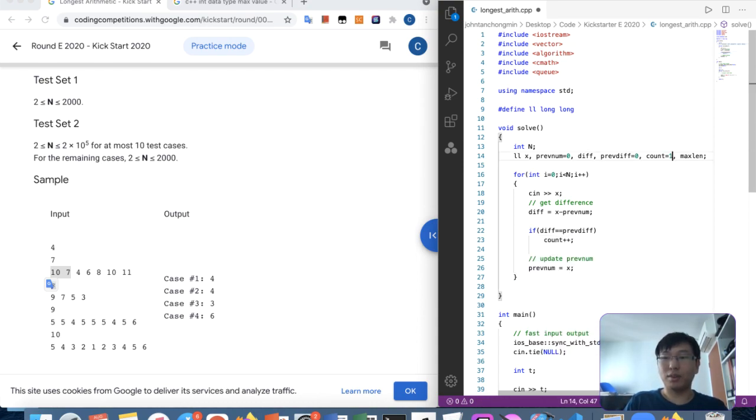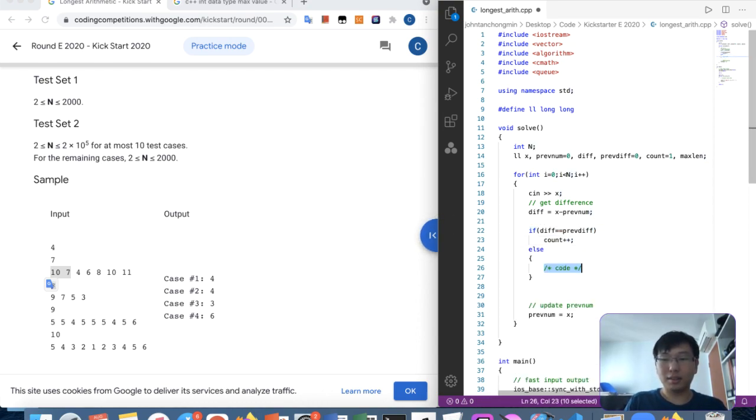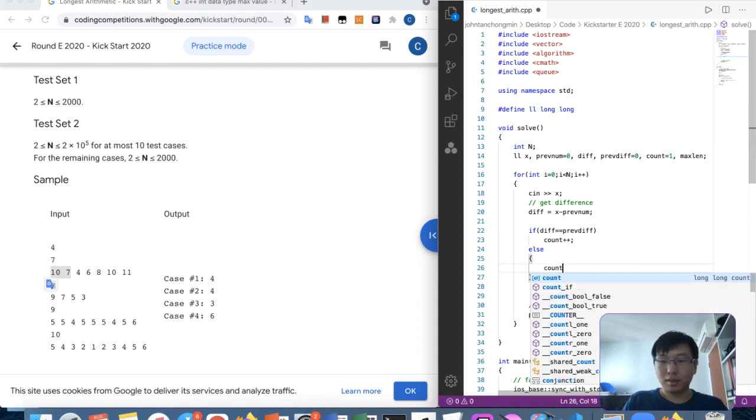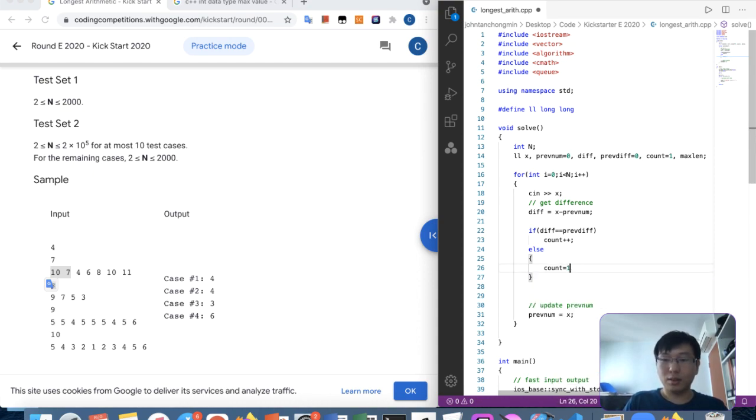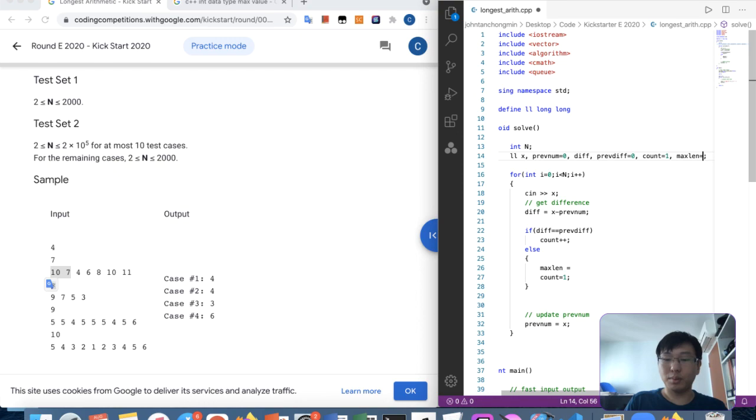Actually we can just start the count with 1. If diff is the same as previous diff, then count plus plus. If not, count equals 1 first.